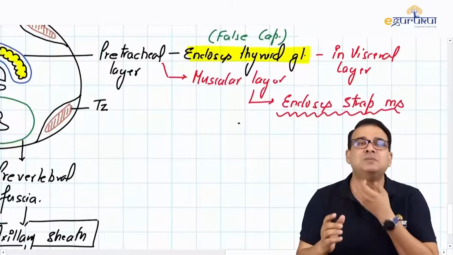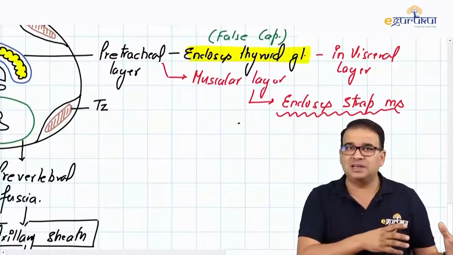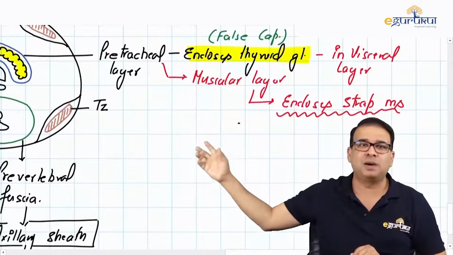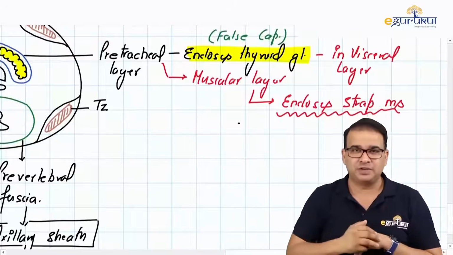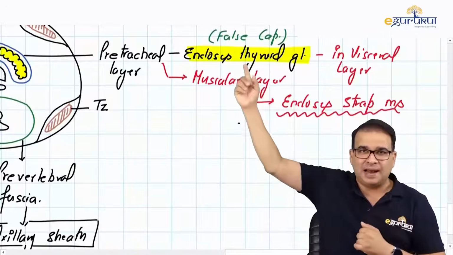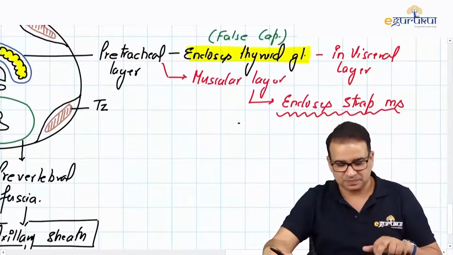If it comes to muscle, the muscles in the midline here are enclosed in the fascia, which may look like an investing layer, but it is a part of pretracheal layer, more precisely the muscular layer of the pretracheal fascia. So we have two parts of pretracheal fascia: visceral layer enclosing the gland and muscular layer enclosing the muscles. That strap muscle it is enclosing.